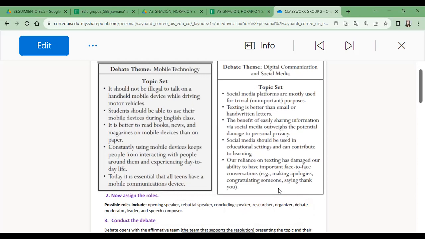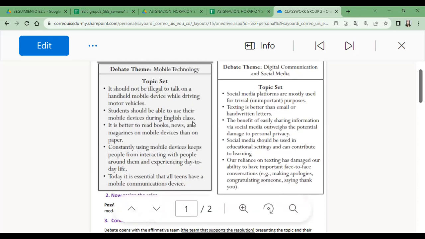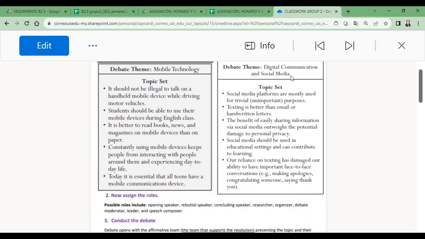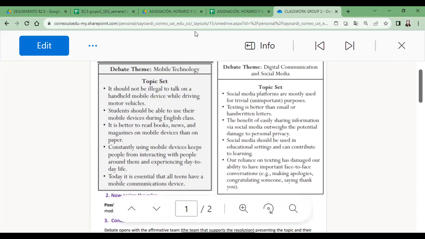Which one would you prefer to debate on today? Because we are going to do it. Okay, let's vote very quickly. Do we want to work on mobile technology or digital communication and social media?